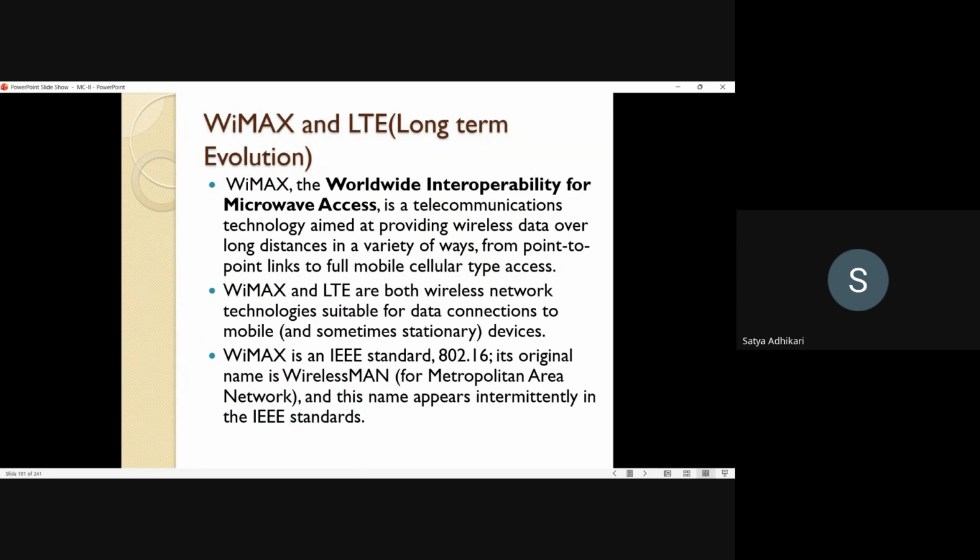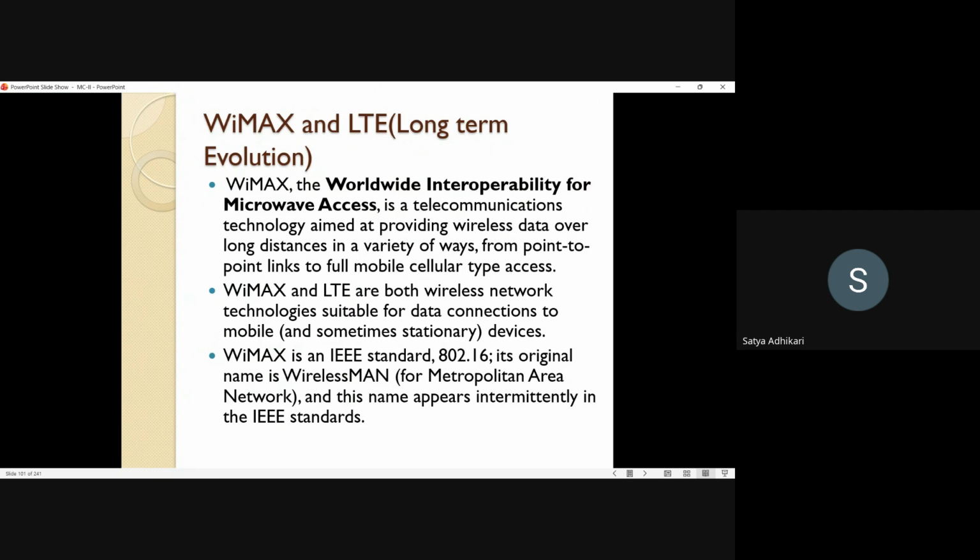Some other technologies are WiMAX and LTE, long-term evolution, which we know. Let us discuss what WiMAX is. Worldwide Interoperability for Microwave Access is a telecommunication technology aimed at providing wireless data over long distances in a variety of ways, from point-to-point links to full mobile cellular type access.